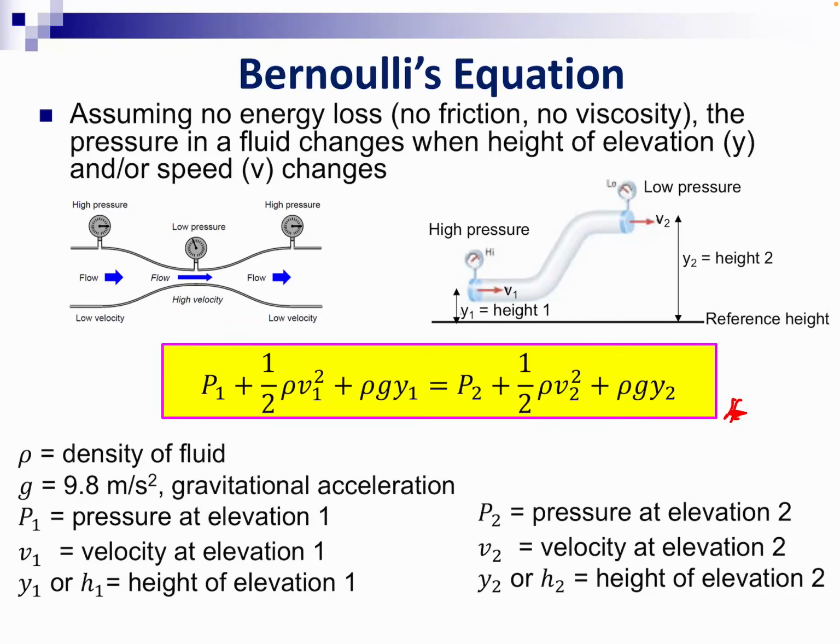And so the meaning of each variable I've written down here. Just be careful, this is a common mistake. This is letter P, which gives you pressure. This one is the fancy rho, which gives you density. And this one is pressure.